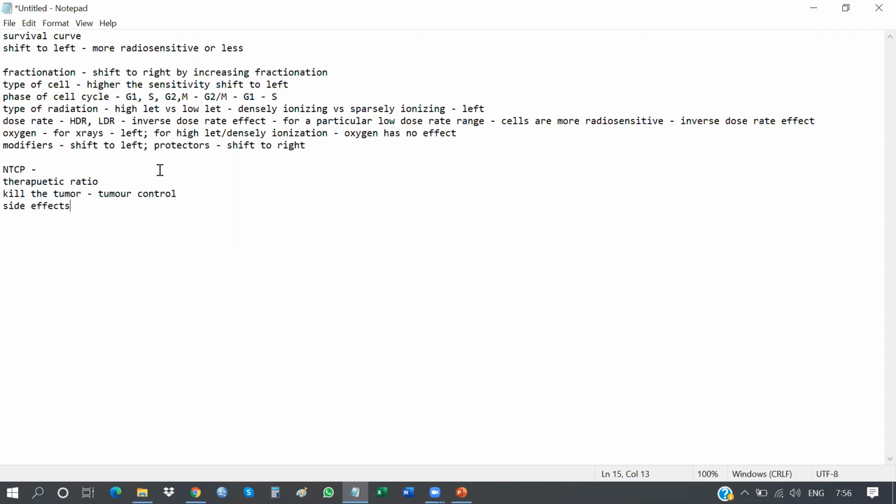For tumor control, it is said that if 95% of the PTV is receiving 95% of the prescribed dose, this is enough or sufficient for tumor control.